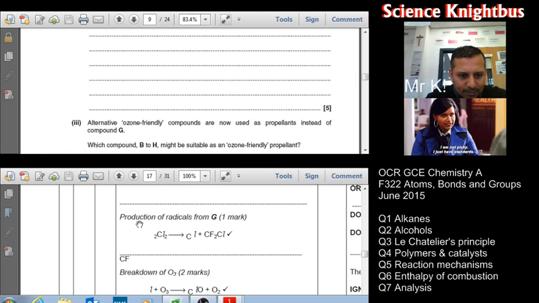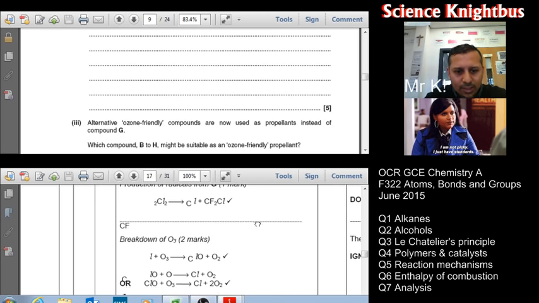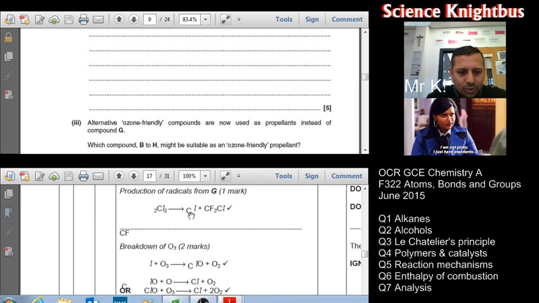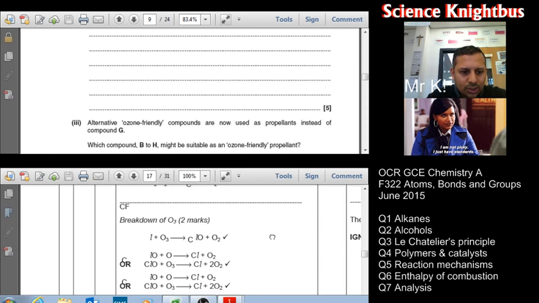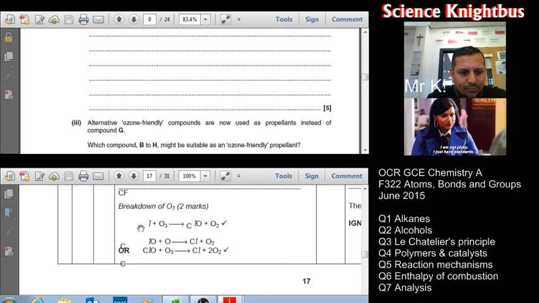Then you've got, that should actually say CF2Cl2 reacts to form Cl plus CF2Cl. Okay, that's your production of radicals, your initiation, so to speak. And then you've got the breakdown of ozone. Cl radical plus ozone reacts to form ClO plus O2, and that is attacking the ozone.